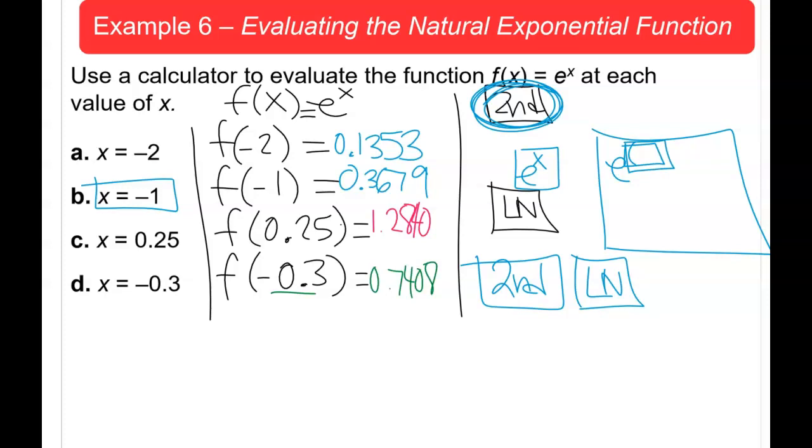If you don't see the little box open there in the place of the exponent, then you will have to use the caret symbol. Sometimes the calculator does it on its own. And then you just need to enter your x value or your exponent value. And remember that if it's a negative in the front, you need that key that has the little negative below number 3 on your keypad, because that's negative, not minus.